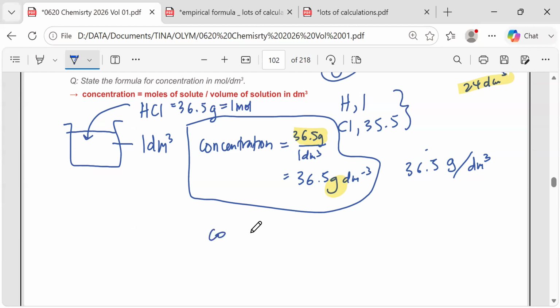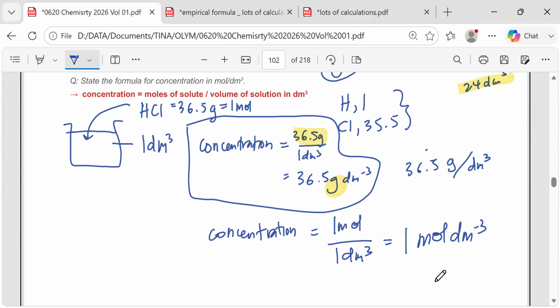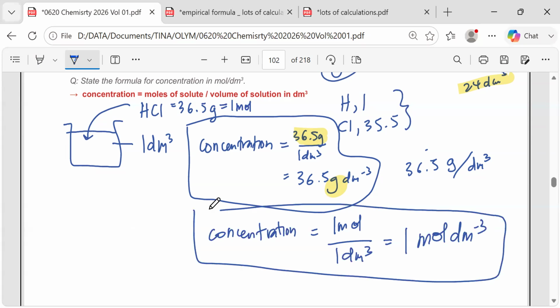So concentration is 1 mole over 1 decimeter cube. So 1 mole per decimeter cube, right? The units are different, but the value is the same. 90% and 9 out of 10 is the same.